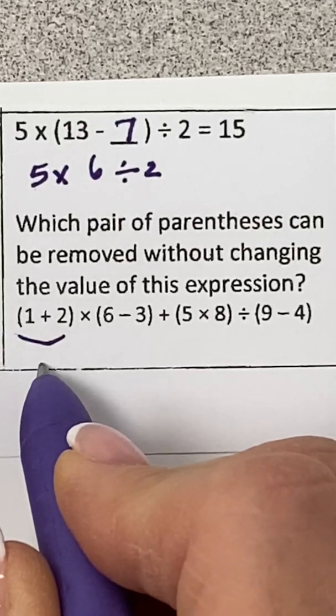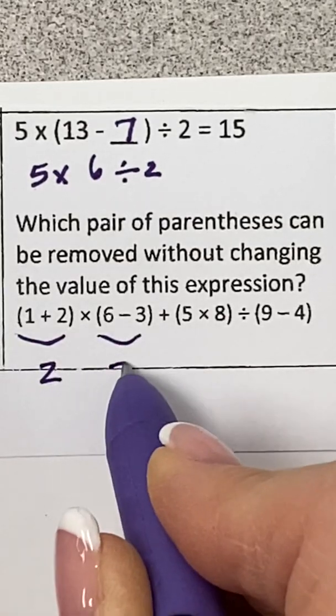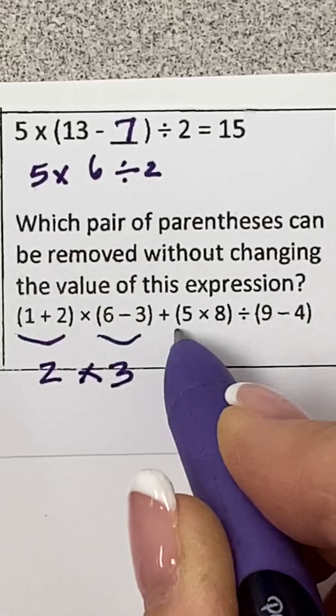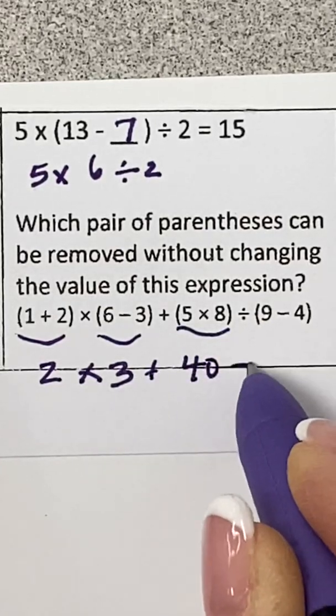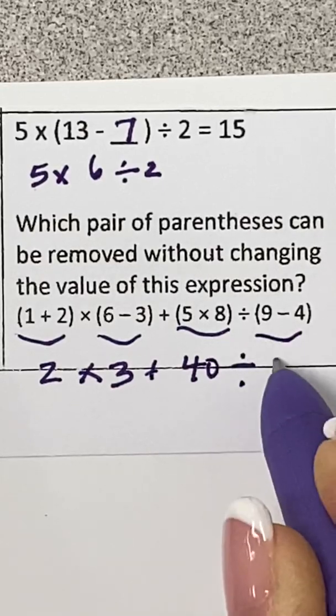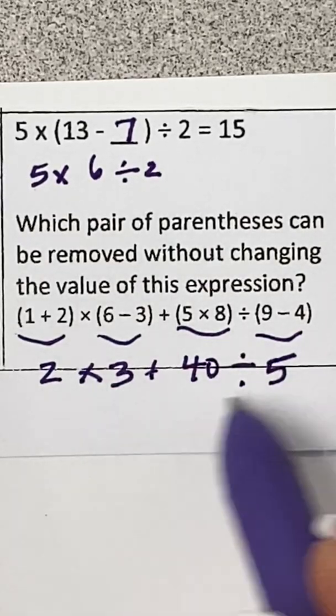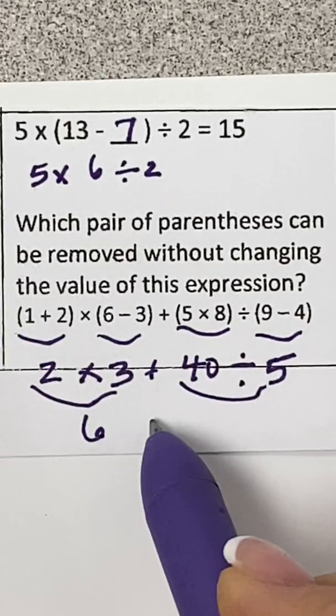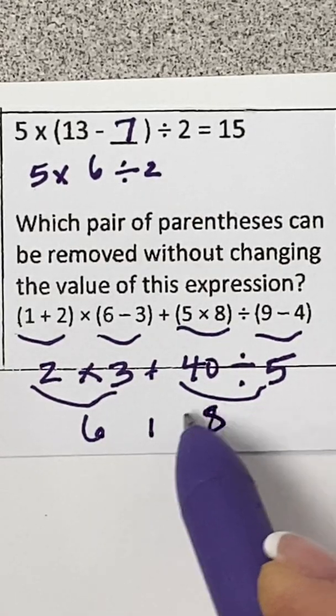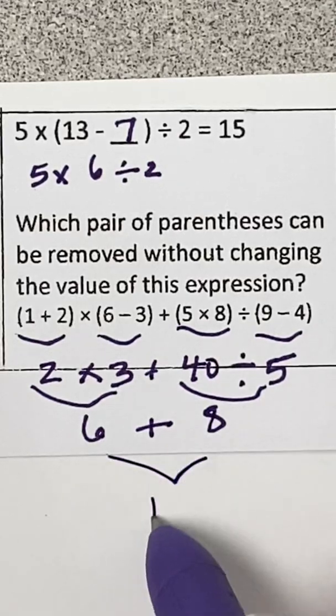That would be a 2, a 3 here, a 40 here, divided by, and that equals a 5. So now what do we do next? We multiply here, 6, and then we do this, and that would be 8, so 14.